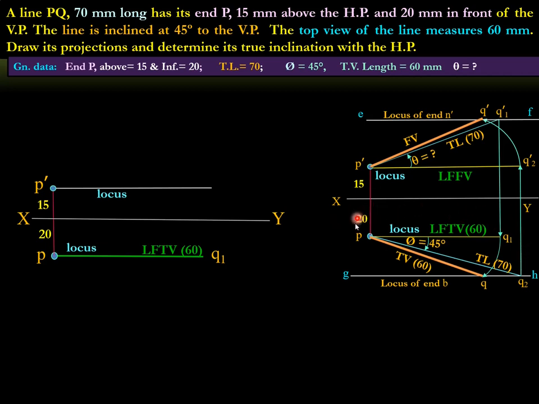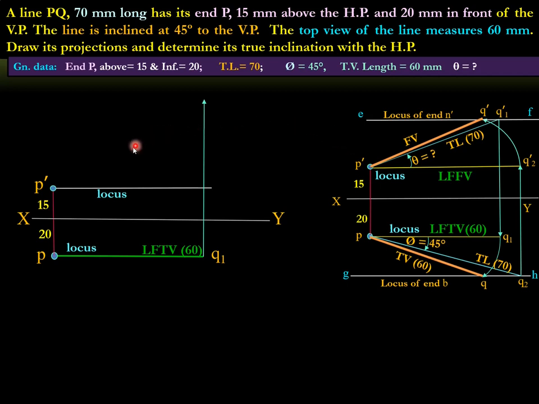When we refer to the model diagram, we can understand that the point q1 is extended in the upward direction as a vertical straight line. Likewise, extend the point q1 in the upward direction as a vertical straight line. The true length line on the front view side starts from point p dash and it ends on the vertical line which comes from the point q1.